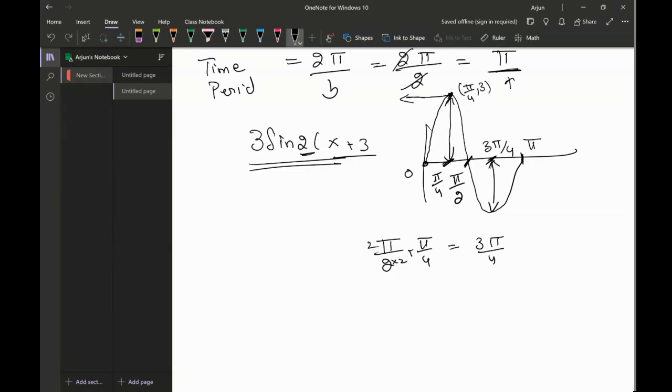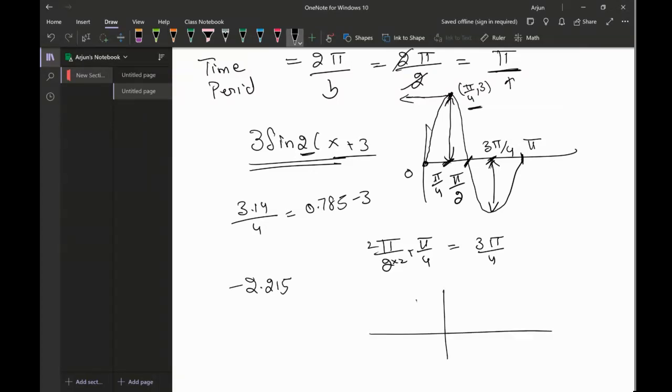So from pi over 4, if I do the math, 3.14 divided by 4, what is the value for that? That is 0.0785, and you subtract 3 from that, so minus 3, that's going to give you 2.215 towards the left hand side.